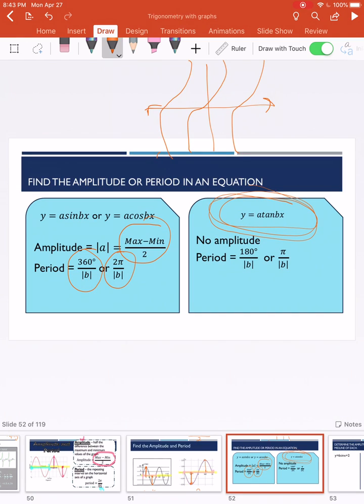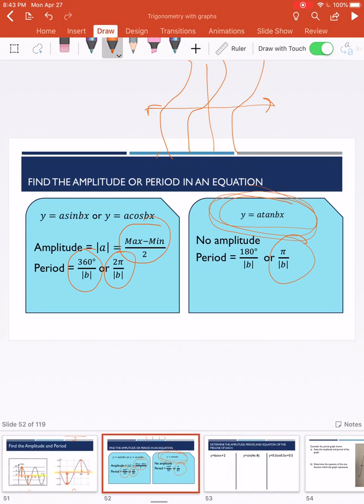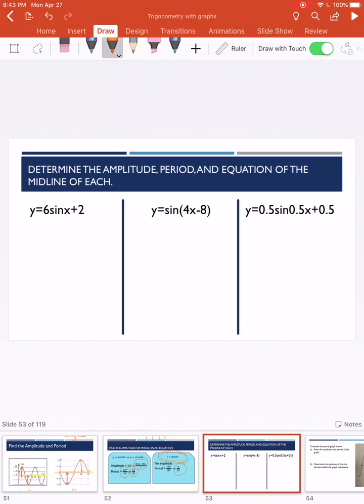I'm not doing a great job of drawing it, but instead of 2 cycles, there were 4 cycles of the graph shown between negative 2 pi and positive 2 pi. The reason being is because tan has a period of pi over b, while the period of sine and cosine is 2 pi over b. So that's the one thing you need to pay attention to with tan. You won't get too many questions about tan graphs, but that will come up.